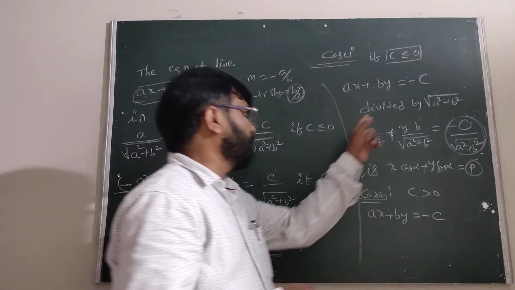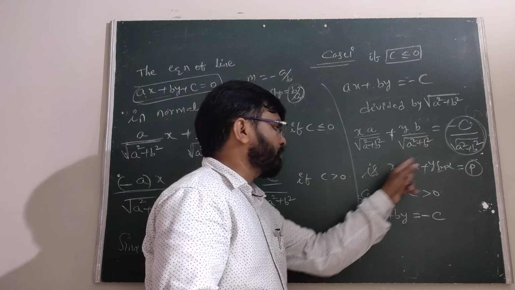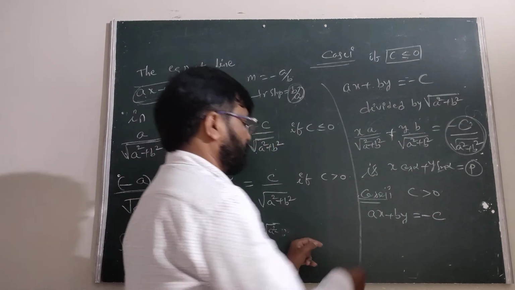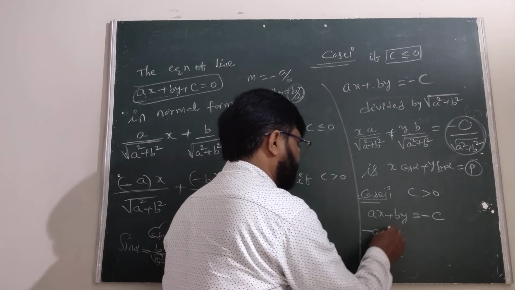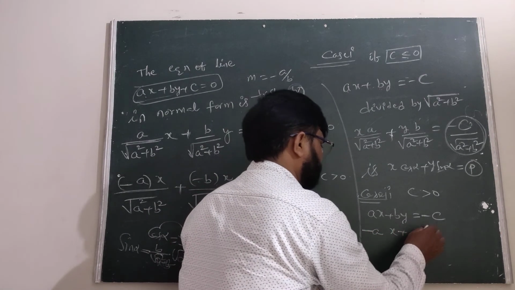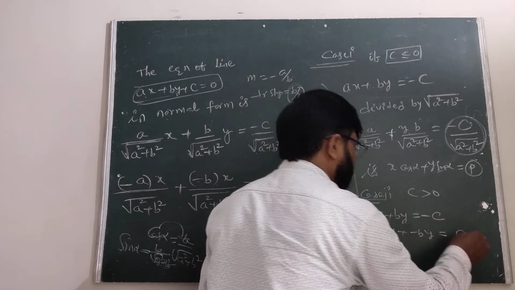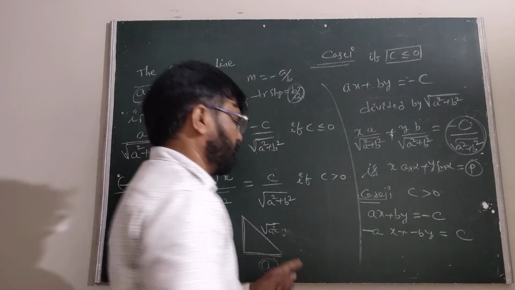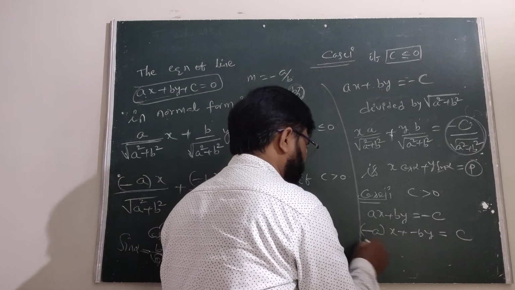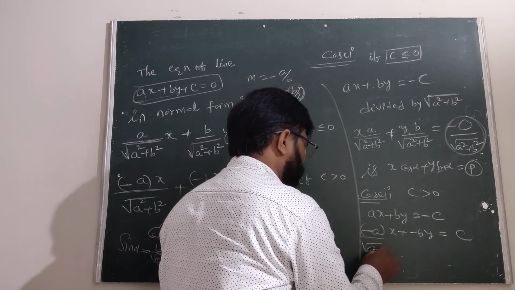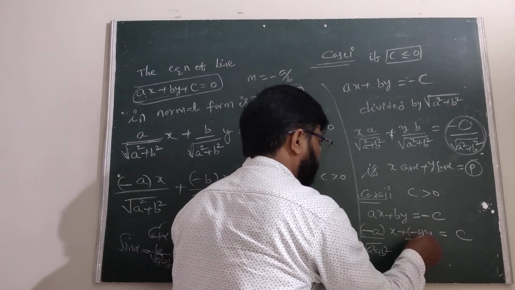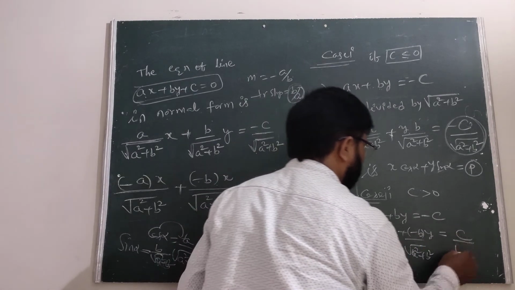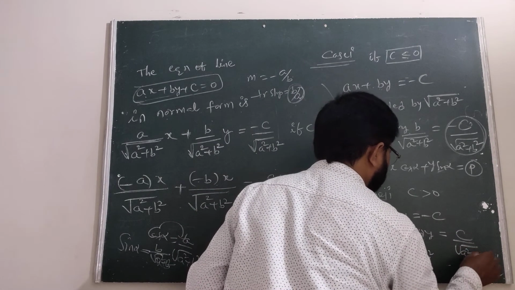Because we have to compare with x cos alpha plus y sin alpha equal to p, we have to multiply with this one. This is minus ax plus minus by, minus of minus is plus c. Now divide by under root of a square plus b square on both sides. Then you can write under root of a square plus b square everywhere.